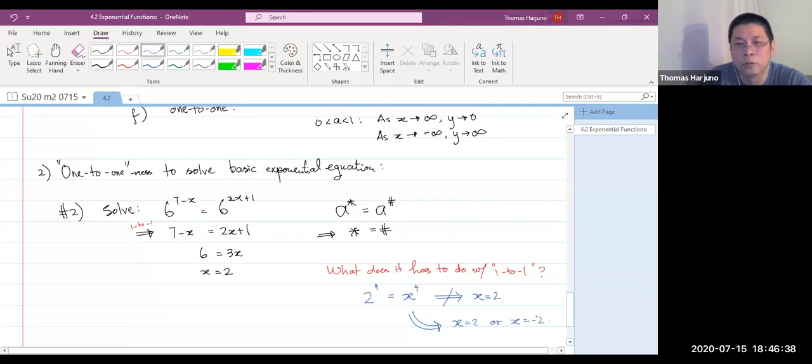Now, one-to-oneness means if you have a solution, that's the solution. If you can find a solution, that is the solution. But without one-to-oneness, if that function is not one-to-one, like in my counterexample here, x to the 4th, this is not a one-to-one function.